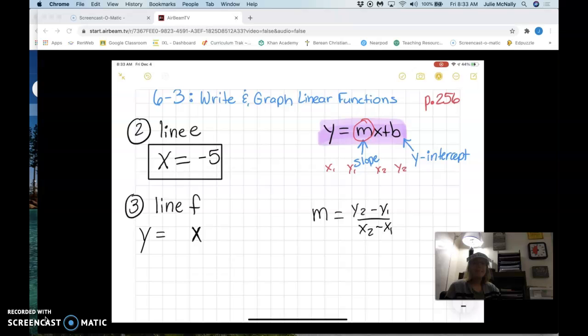Any other guesses? Line F, where does it cross the y? It's 5. It's +5. That one, it's hard because there's like 7 lines on the graph, so it makes it a little tricky. So my y-intercept is going to be +5 on this one.